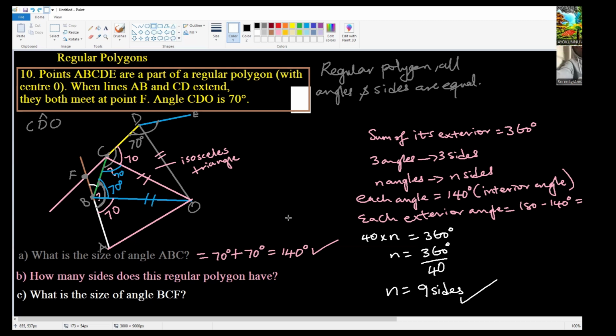Find it out. What are the colors of the lines that form that triangle, BCF? For example, if I say CDO, CDO is yellow, gray, and pink. So your own BCF, tell me the color of the lines that form that triangle, BCF.